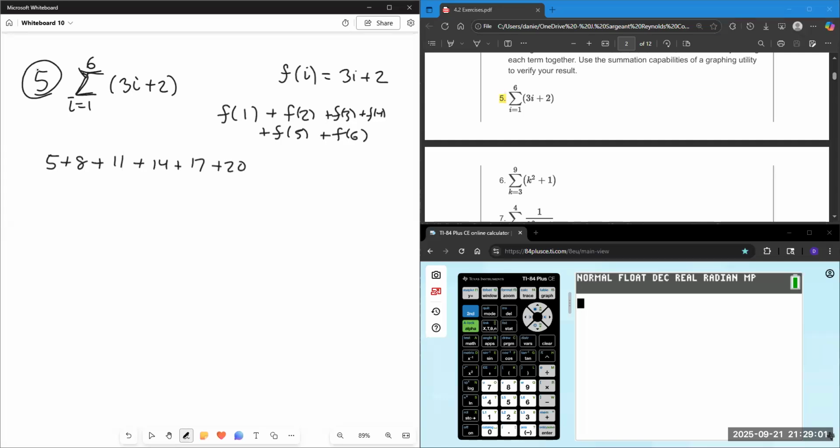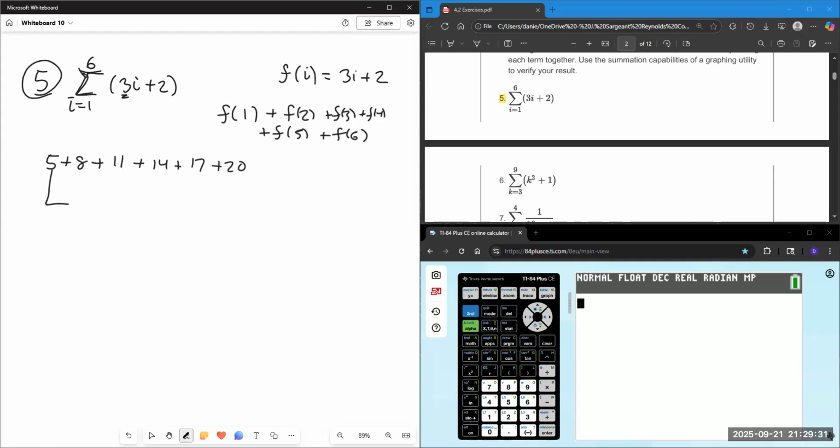You may notice that this is a linear equation with a slope of 3, so the increase each time in the sequence of terms should be adding 3, because of this linear equation, that it has a constant rate of change. That might help you if you start off with the first one and add 3 until you get to the 6th term in the sequence. But we're finding a series, a summation of these terms.